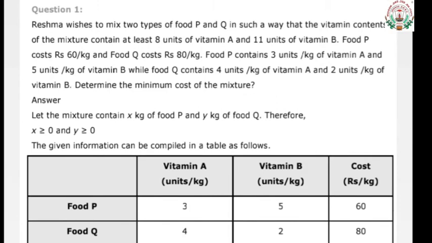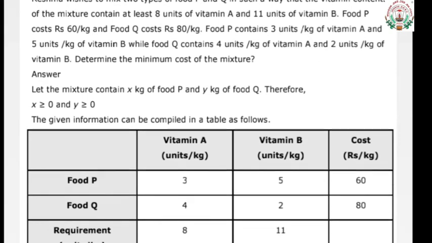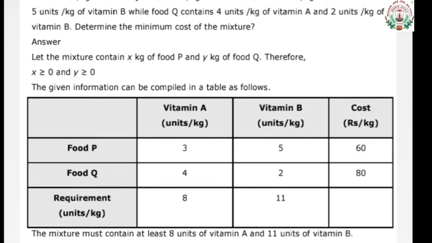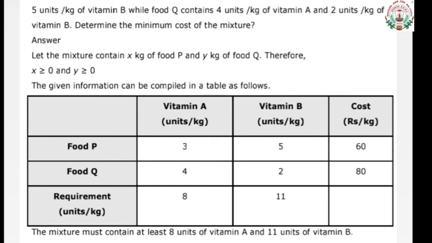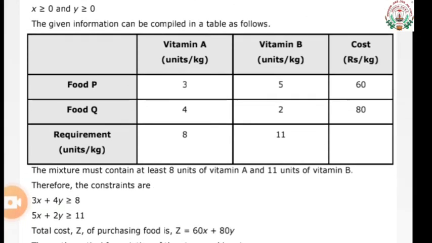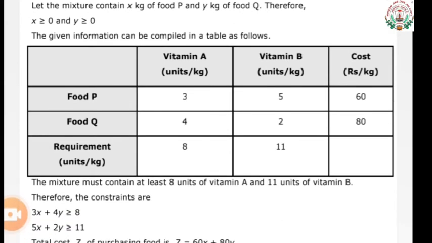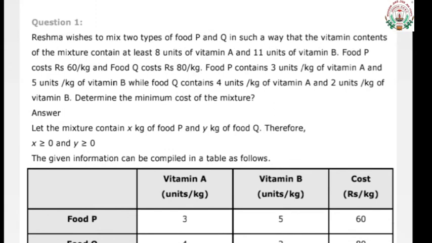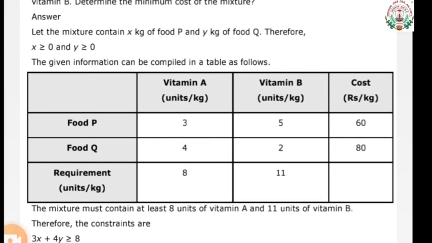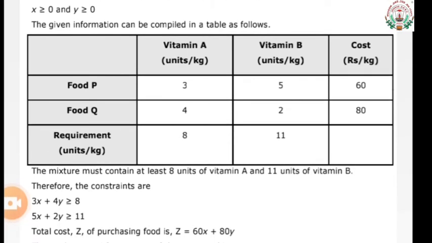that in such a way the contents of the mixture at least 8 units of vitamin A and 11 units of vitamin B. So for vitamin A our equation will be 3x + 4y greater than or equal to 8. At least means minimum 8 and more than 8. So here our inequation will not be less than or equal to 8 but greater than or equal to 8. 3x + 4y is greater than or equal to 8, and the second one for at least 11 units of vitamin B, so 5x + 2y greater than or equal to 11.